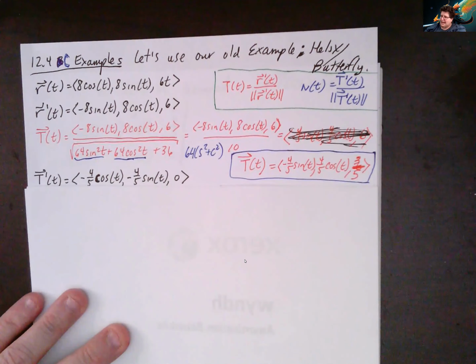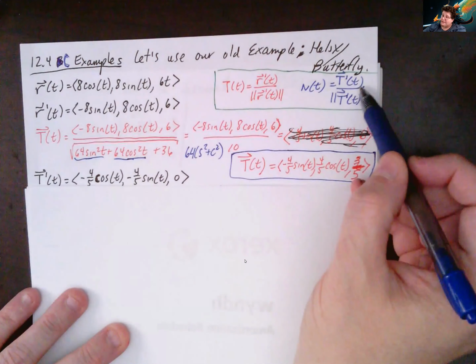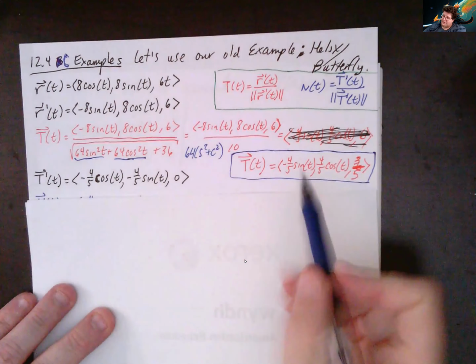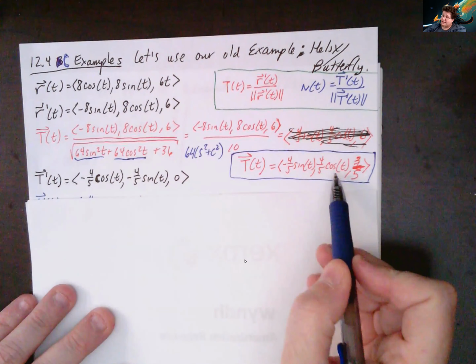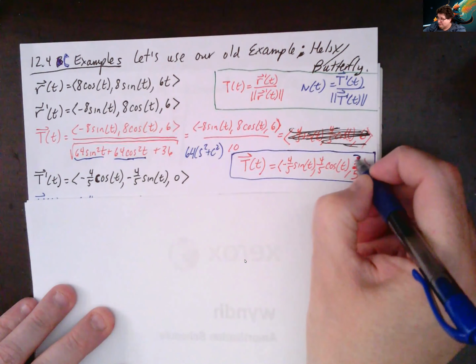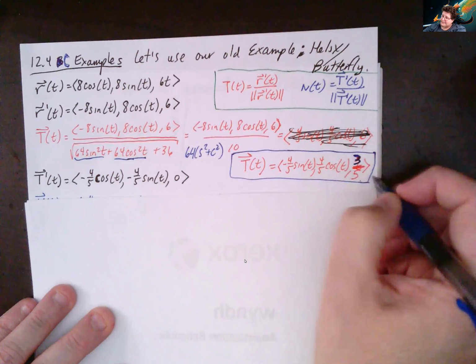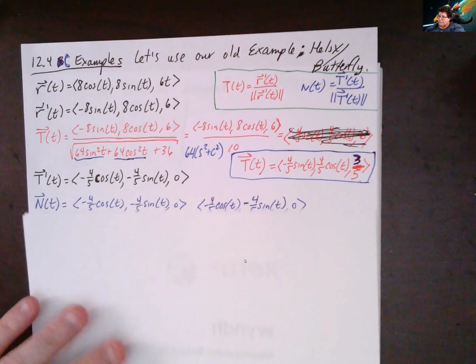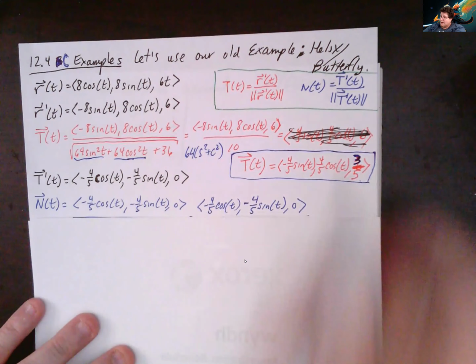Now to find N, we need the first derivative of the tangent vector, and we'll do that here. Derivative of sine is cosine, derivative of cosine is negative sine, and the derivative of a constant, that should say 3/5, is 0. So the magnitude here is pretty easy.